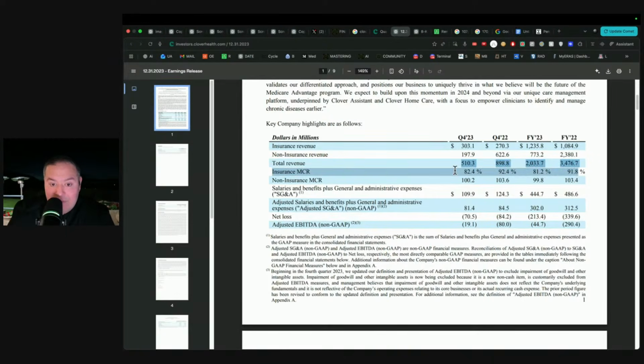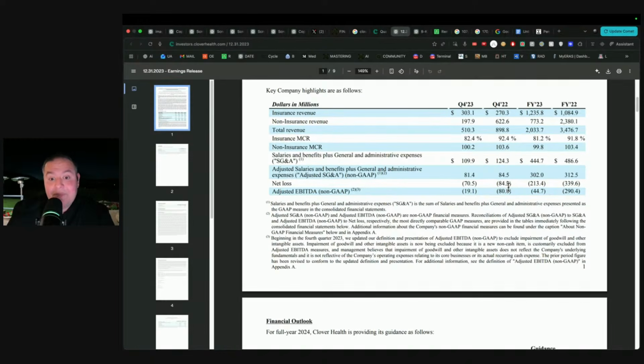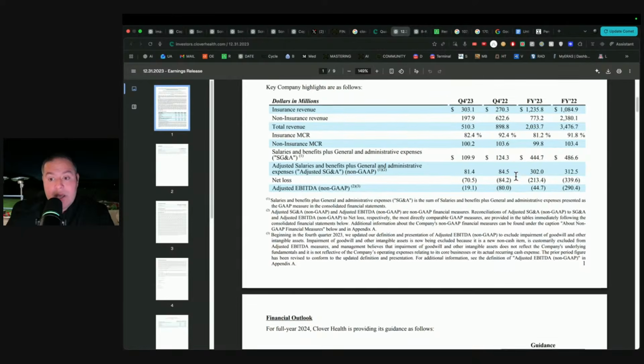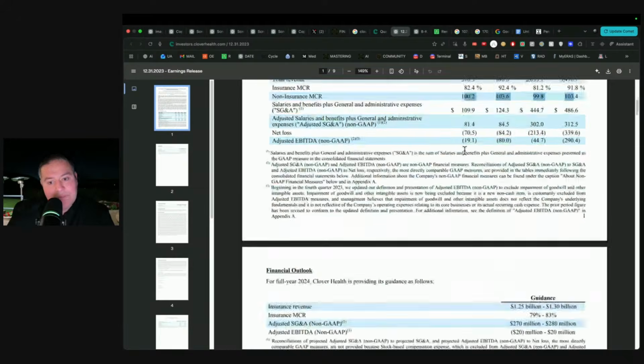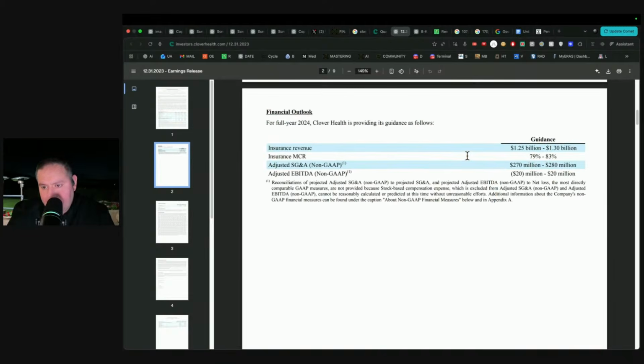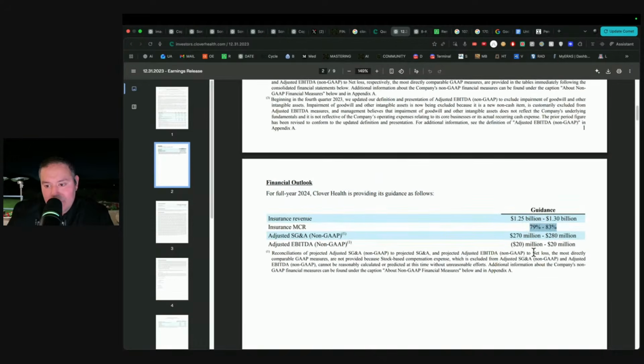Looks like the MCR for the MA has always been the answer. And that's why I always argued they need to cut the non-insurance MCR. And a lot of OG lifetime access members were like, no, we need it. No, we didn't. This was really dragging us down. So I'm happy that this was cut, and this was their guidance. And you could see this was their next year guidance, which we already went through, which is really good.